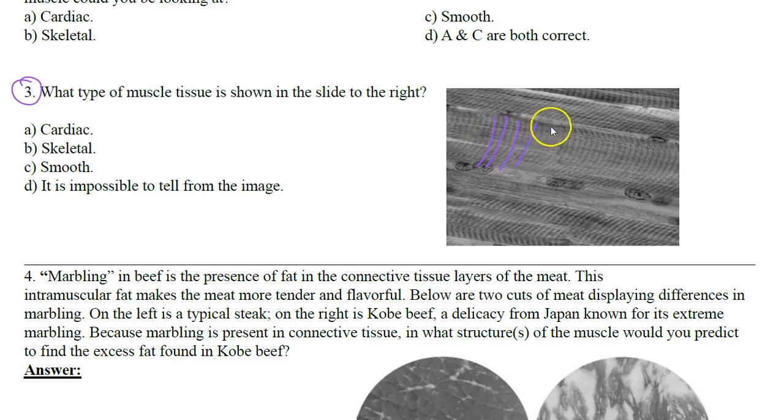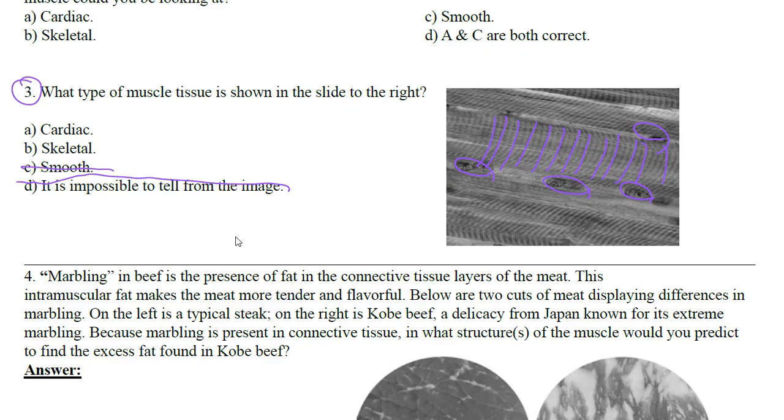I see striations going across in a crosswise pattern. I also see many nuclei, at least more than one. So automatically smooth muscle is out, because we see that pattern, which means it is striated. So is it impossible to tell from the image? Well, no, that's out too, because if we know it's striated, then we're down to 2 choices: cardiac muscle or skeletal muscle tissue.